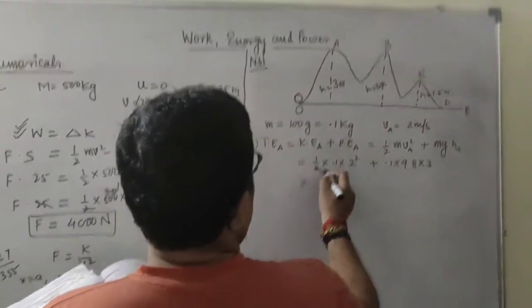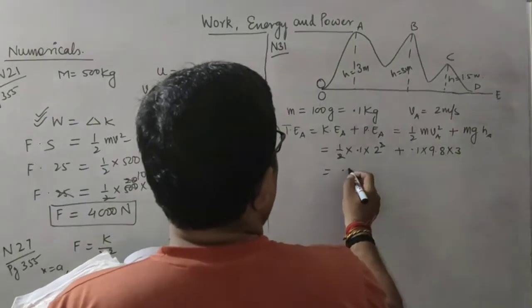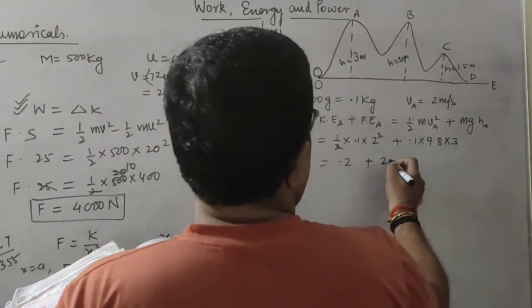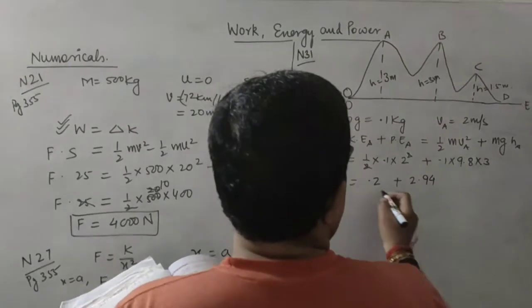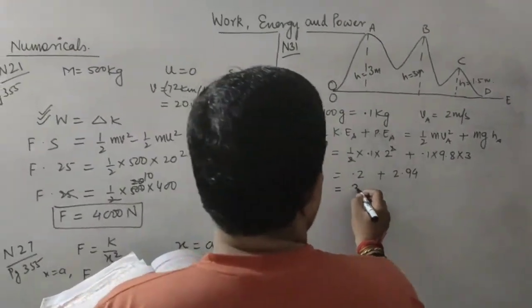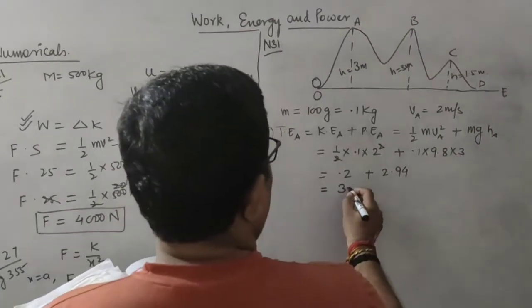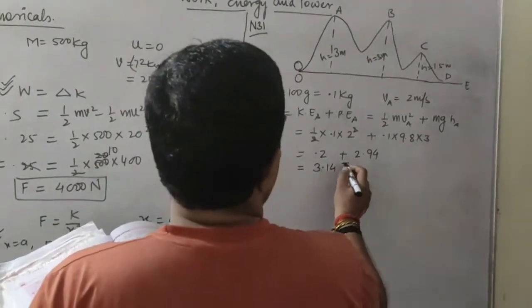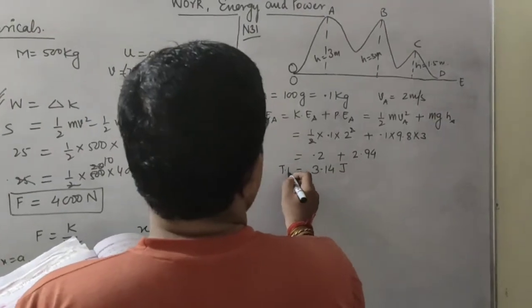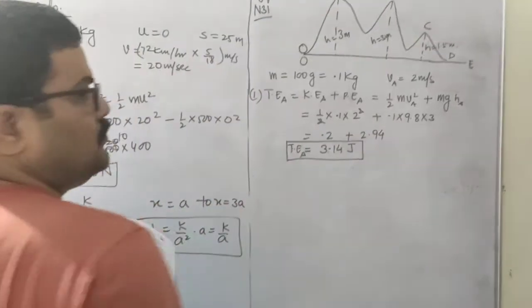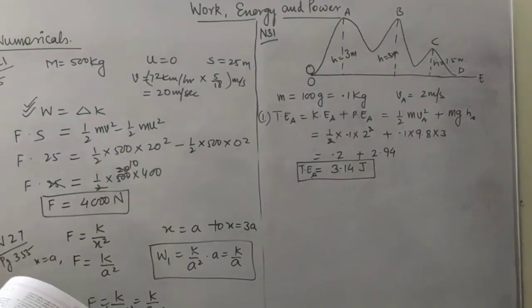So this will give you 0.2 plus 2.94. So what is the total energy at A? 3.14 joule is the total energy at A.